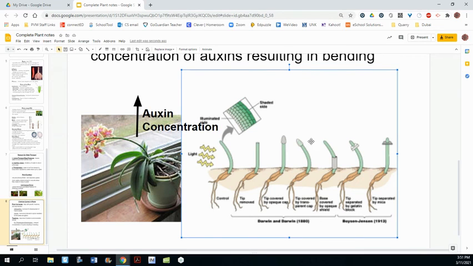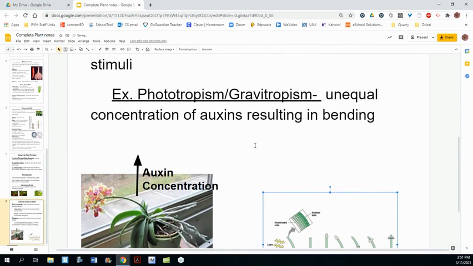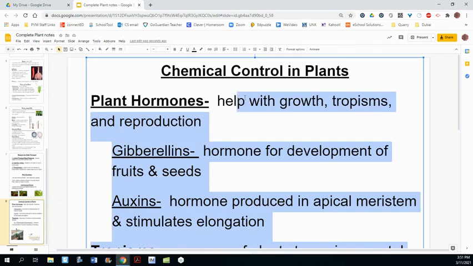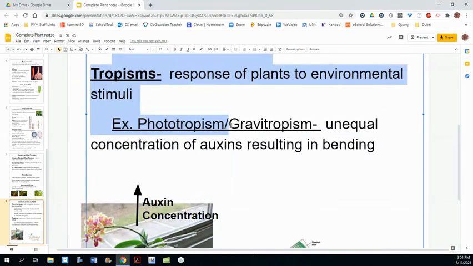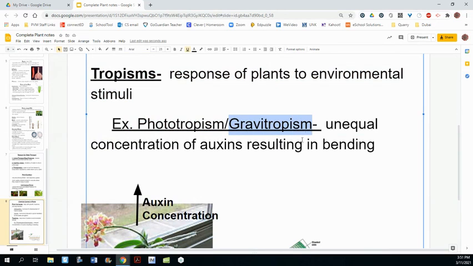There are also gravitationally sensitive structures in the roots. And I can describe that as, as a seed grows, the first growths off of the seed are going to be a pair of leaves.